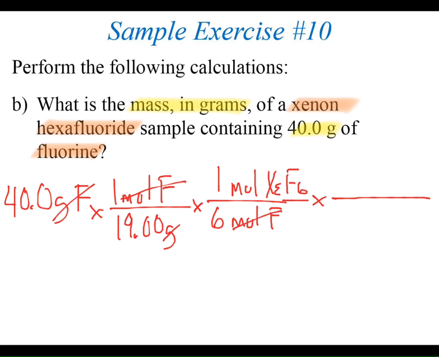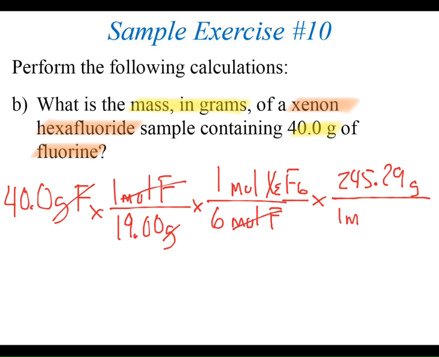So add up an Xe. Add up 6 fluorines. Okay, what's the molar mass of XeF6? 245.29.